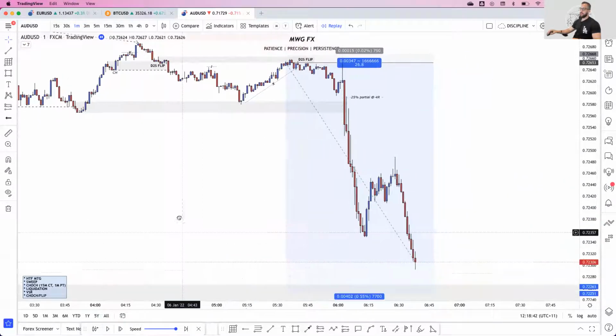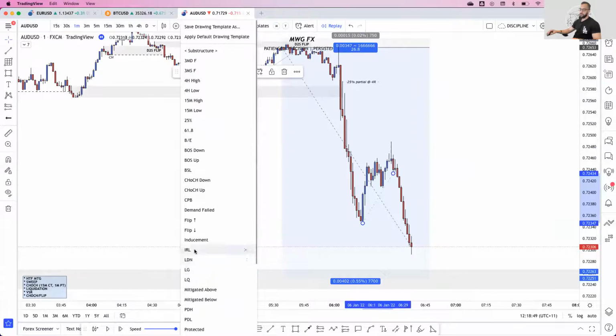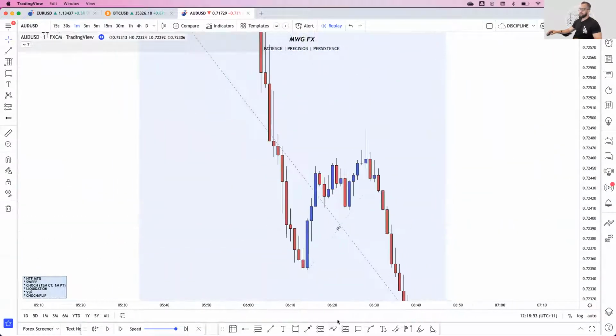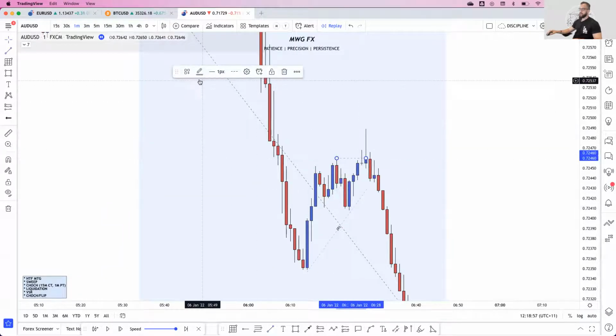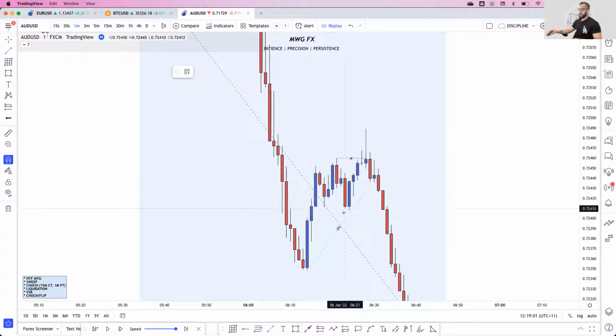You can see again, we've just had this internal range liquidity build up through here. We can even see, if we zoom in on here, we swept these highs. Had another CHoCH.